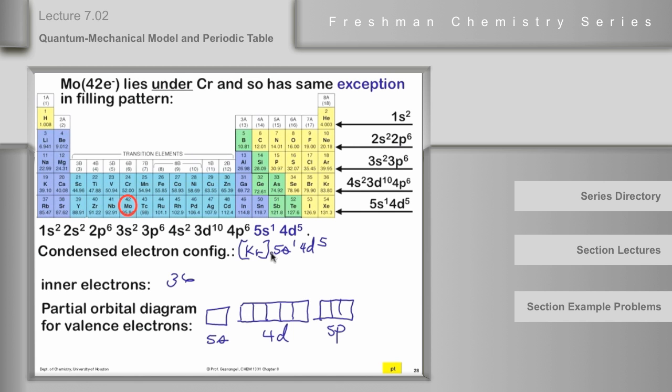And this is 5s1, 4d5, so we put one electron spin up, following the convention, in 5s, and then 5 electrons spin up into 4d. And that is the box diagram, or more properly called the partial orbital diagram for the valence electrons.